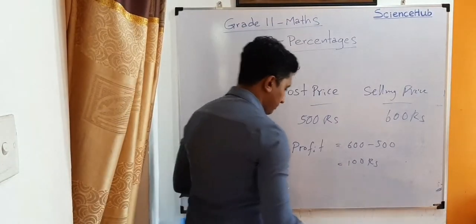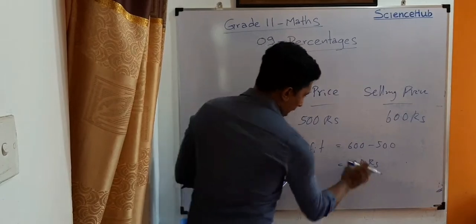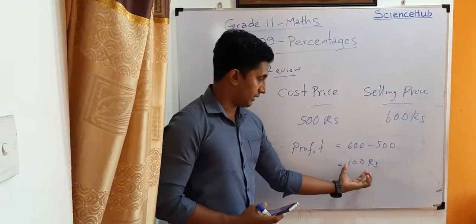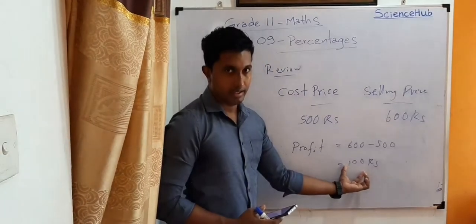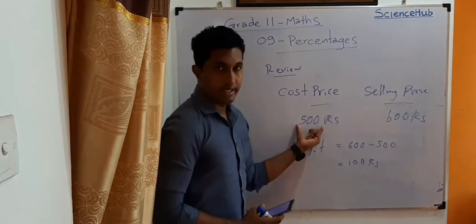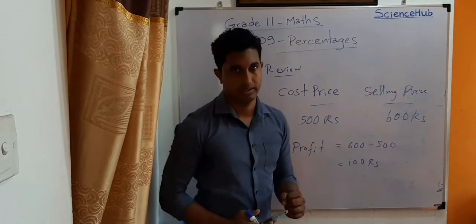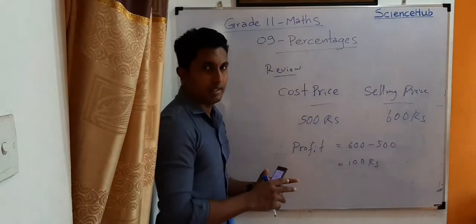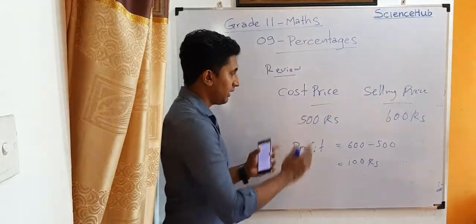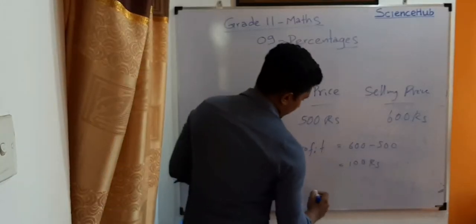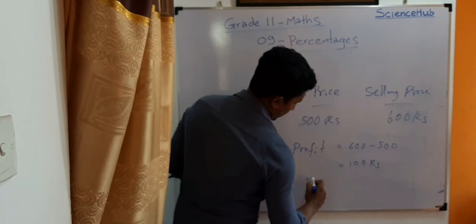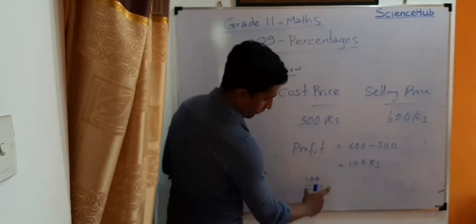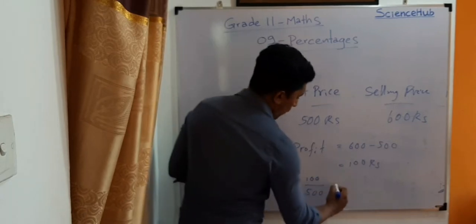The seller gets this 100 rupee profit while he has a 500 cost. Then we can create a mathematical formula using these statements.